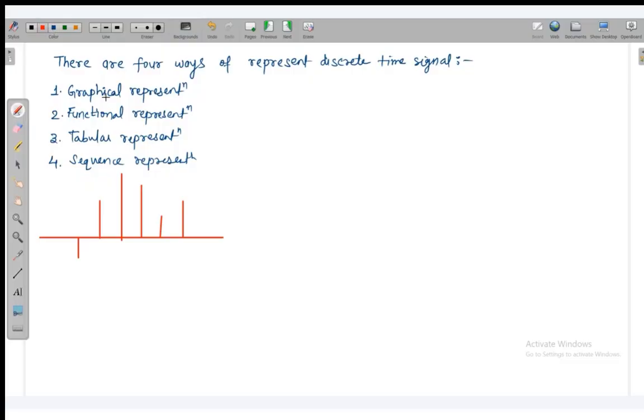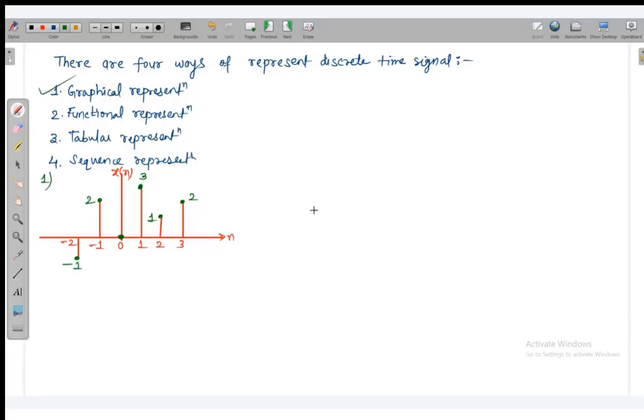See, this is x of n, and this is n, because in discrete time we represent it by n. Now this is 0, this is 1, this is 2, this is 3, this is -1, and this is -2. Now the value is represented by the dot. The dot I am representing in green. So this is 0, here the value is 3, this value I have taken 1, this value is 2, this value is again 2, and this value is -1. So these are the values, and this is the first way of representation, that is graphical representation.